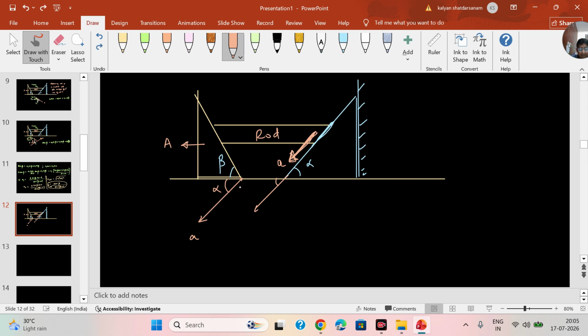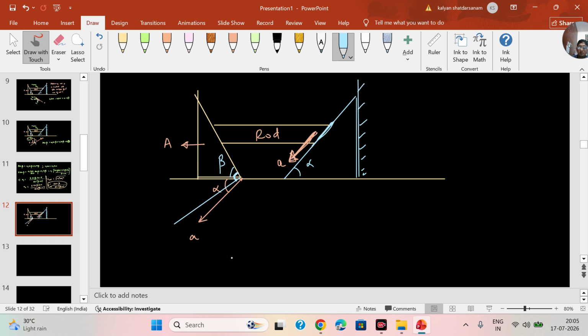So I'm drawing that acceleration here. And I am drawing the perpendicular to this contact surface. What is perpendicular to that contact surface? If I draw like this, that is the perpendicular. The blue line is the perpendicular to that contact surface.